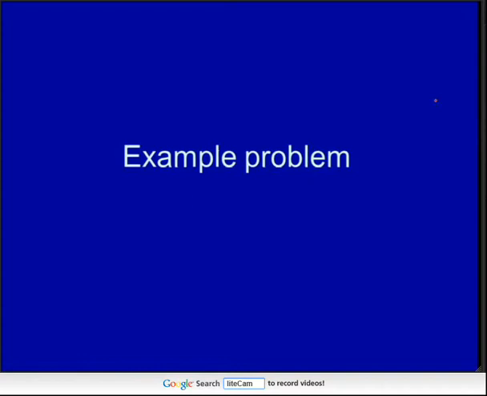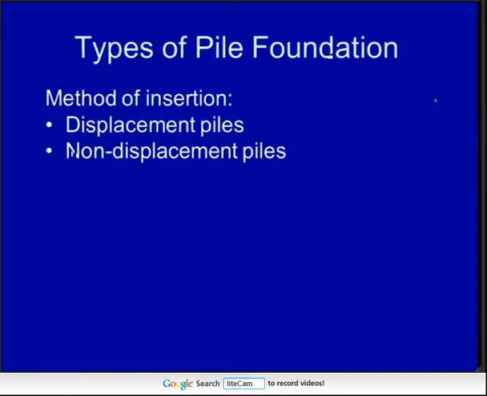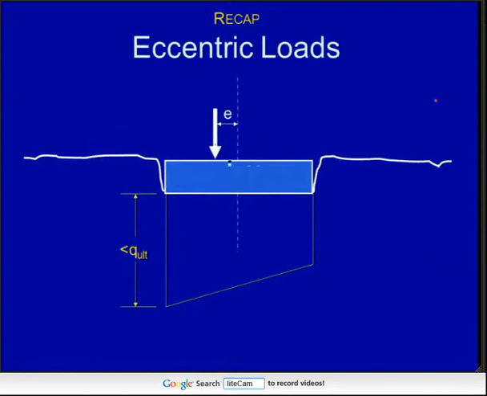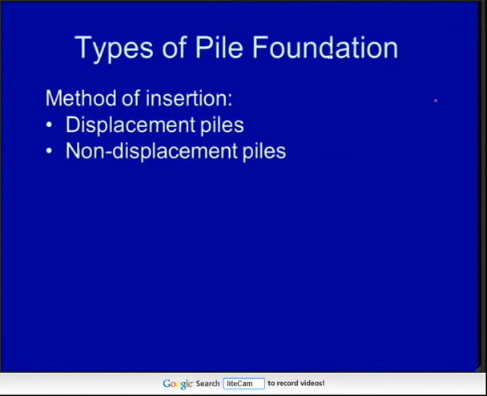Okay, so now let's talk about piled foundations. Now, I make no apology for returning to some of the slides we showed a couple of lectures ago.